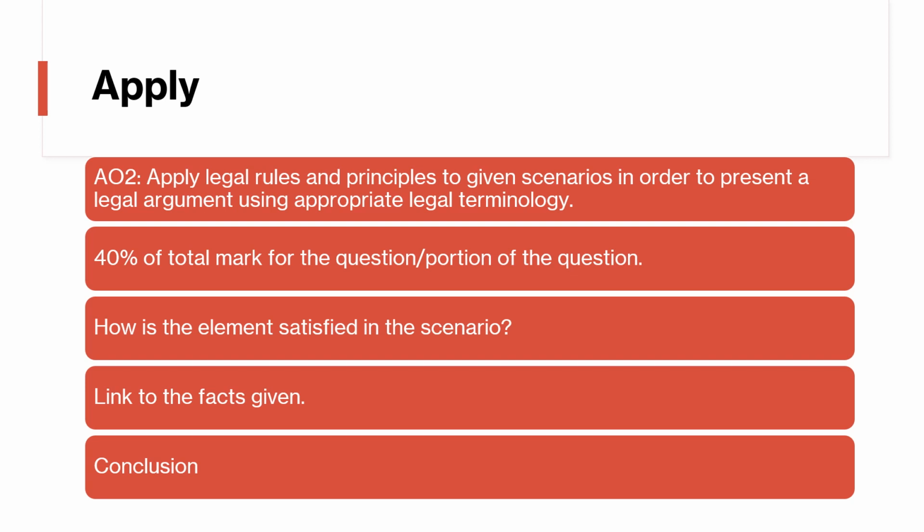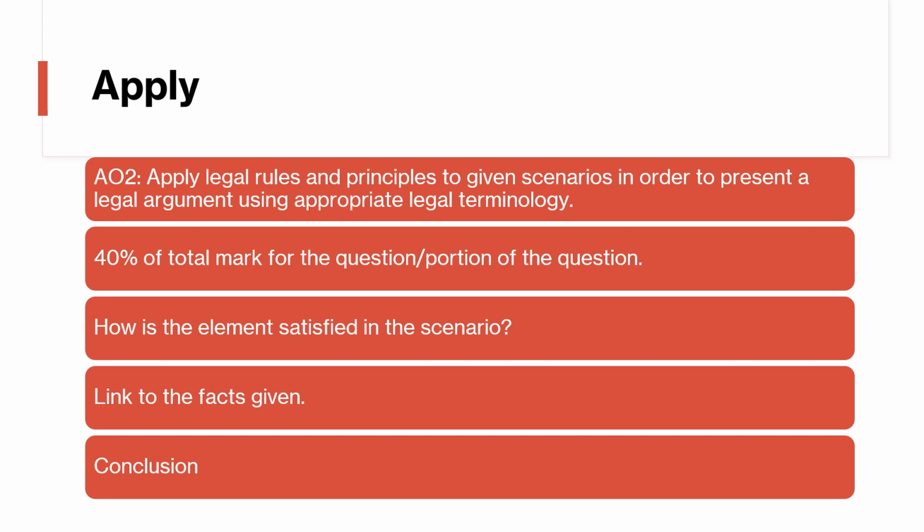In terms of application, this is probably, certainly in my experience, what students do well. Applying the legal rules and principles to given scenarios in order to present a legal argument using appropriate legal terminology. They say how something is met in the scenario, but they may forget to do the AO1 and AO3 as well.